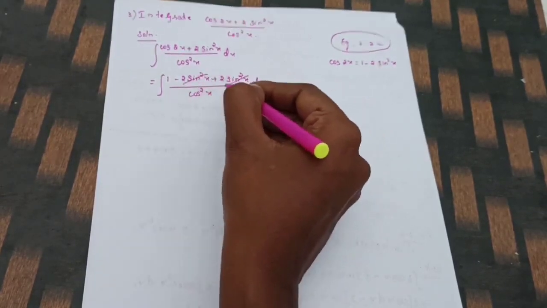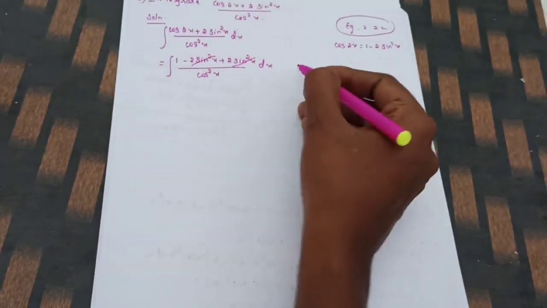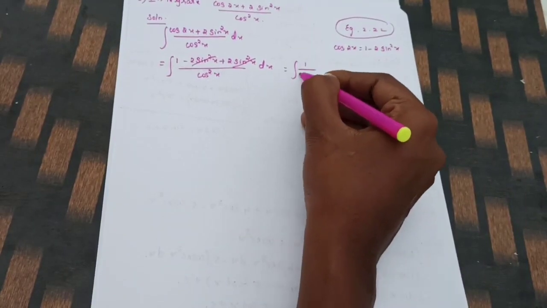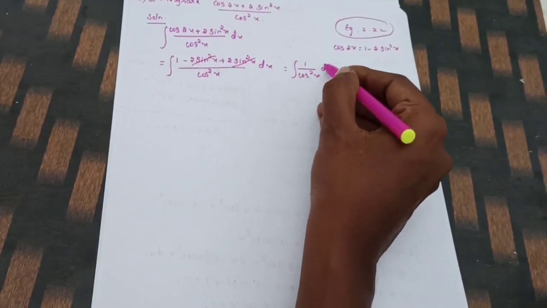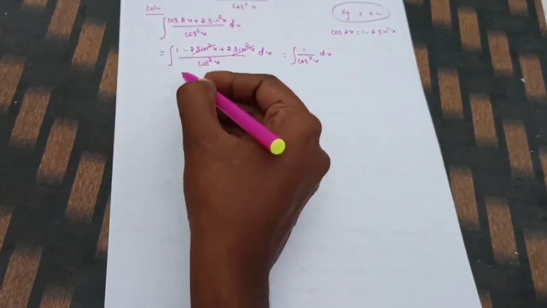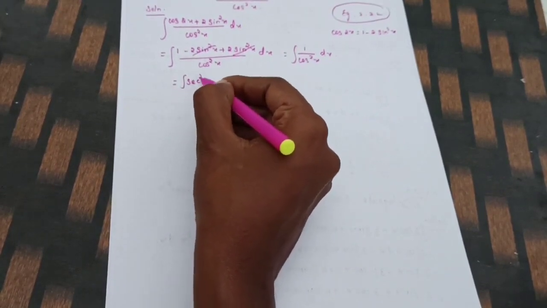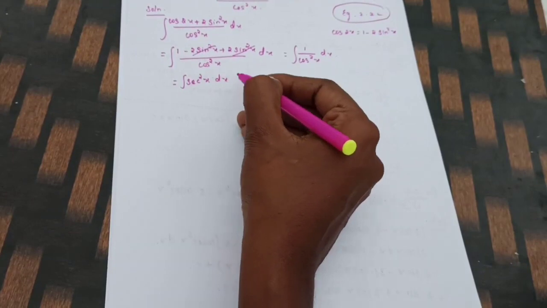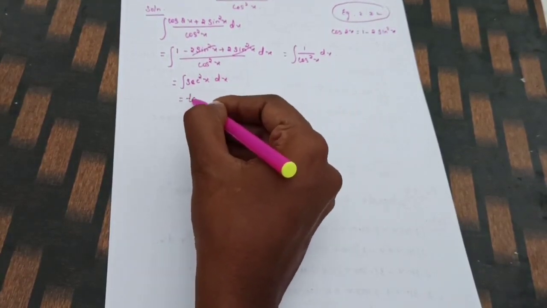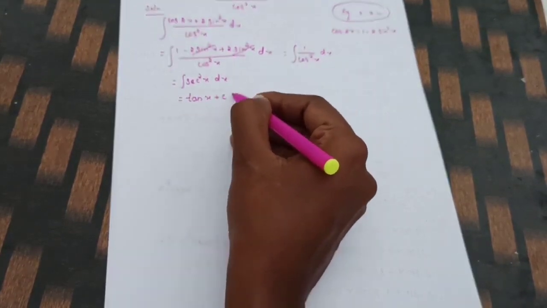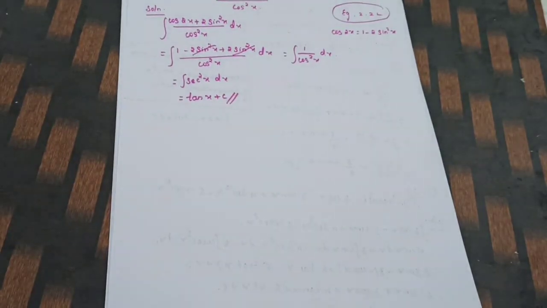So this term and this term will get cancelled. So what's the balance? 1 by cos square x dx. What do you mean by 1 by cos square? 1 by cos square x is secant square x, secant square x dx. What's the integration of secant square x? Tan x plus c. Got it children? Very easy, is it right?